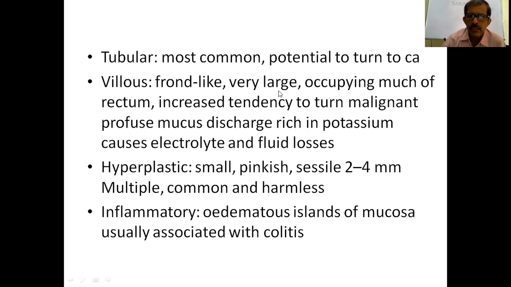It has an increased tendency for malignancy, and it will discharge mucus, which is rich in potassium. And there are other types like hyperplastic and inflammatory, which are also there, and they are treated conservatively.